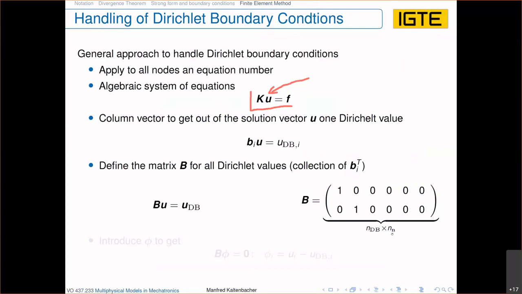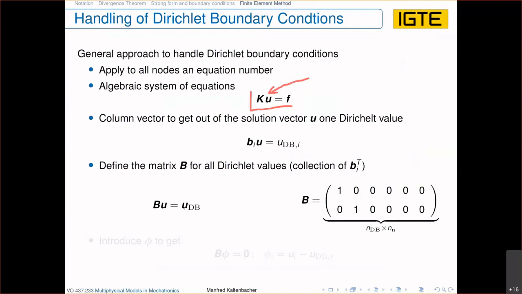We had in our case 2 quadrilateral elements glued together, so they have 6 nodes, and we had 2 boundary nodes where we already know the Dirichlet boundary condition. Then it is clear that at these two positions we have 1, and all the others have 0, so all the unknowns will be 0, and what will be left is just the vector with the 2 entries of the Dirichlet boundary.